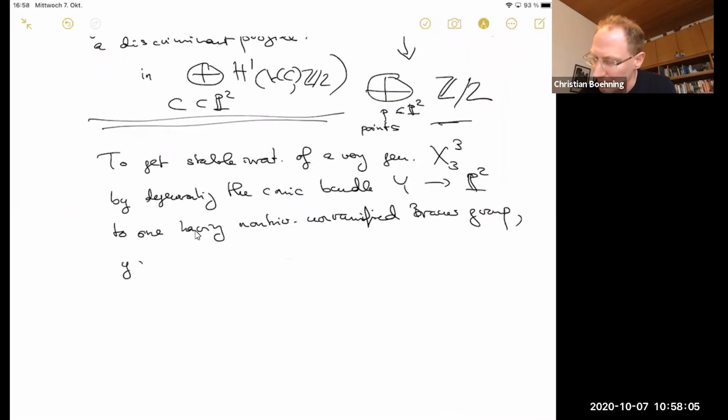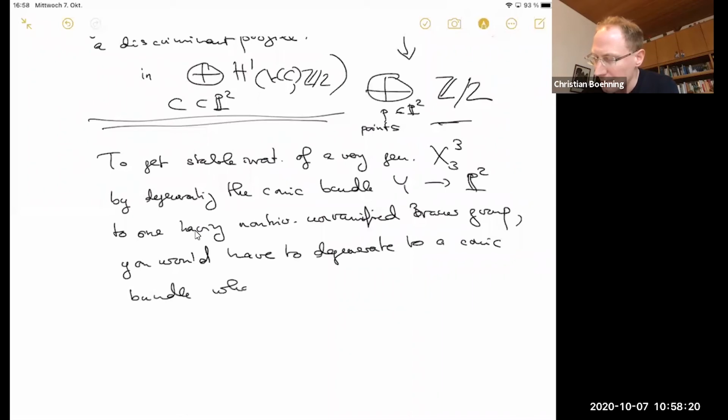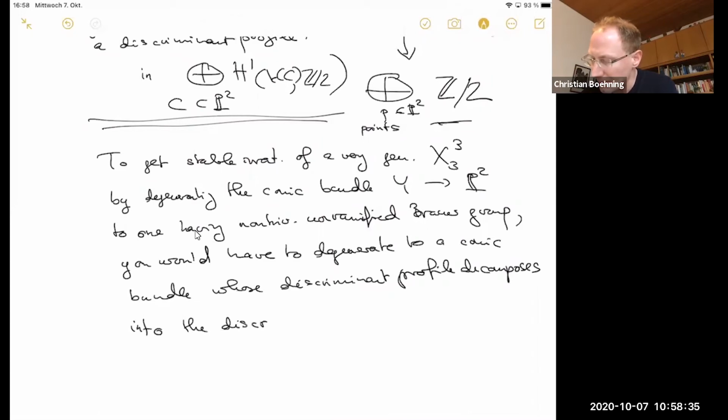So let me just write that. So you would have to degenerate to a conic bundle, say, whose discriminant profile decomposes into the discriminant profiles of two non-trivial conic bundles.